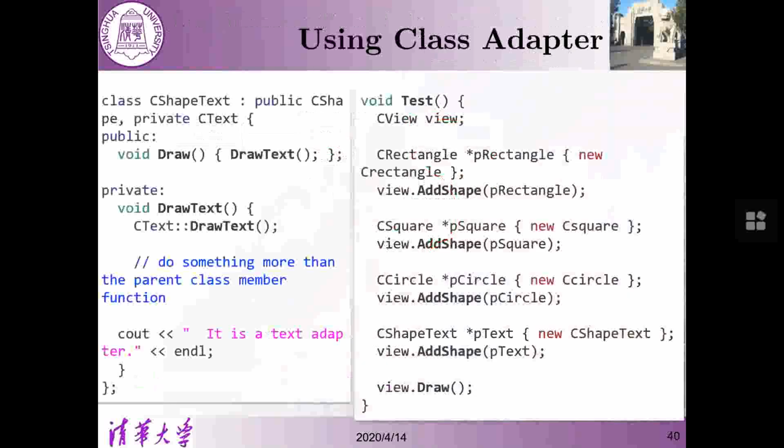So if we adapt a third-party class by class adapter, it works like this. Originally we inherit from CShape. Now we have another parent class, CText. Then when we want to implement this draw function, we can just call drawText, which is a member function in CText.